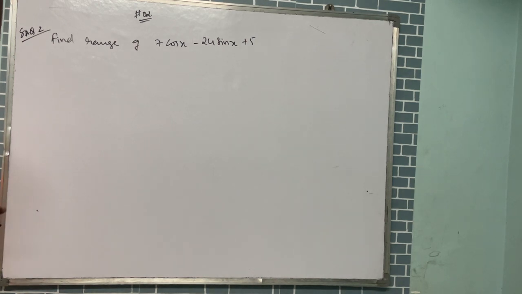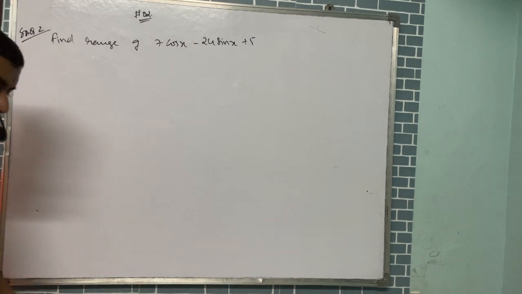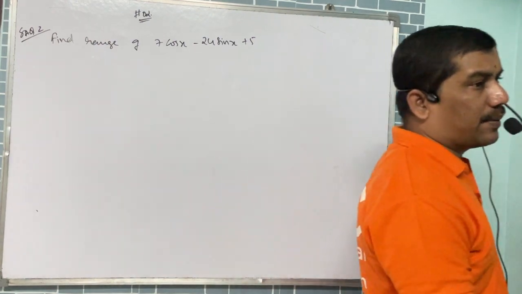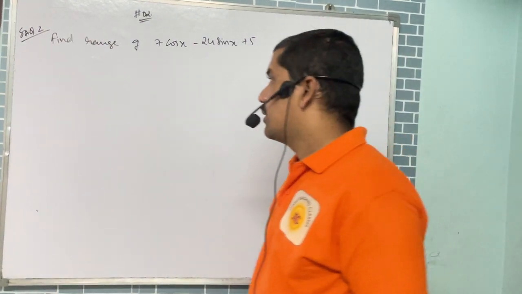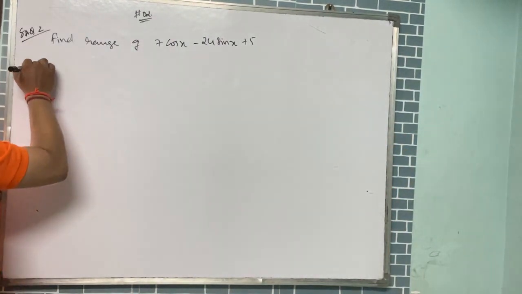Here the maximum and minimum value formula is the same as the range formula. In range, we write the minimum value first, and the maximum value next.